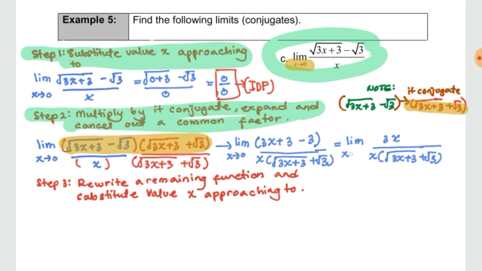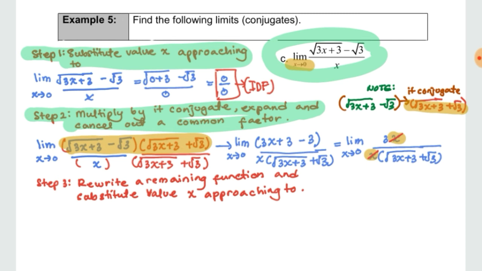As x approaches 0. You can see we have a common factor x here. We must cancel out the common factor from the function.